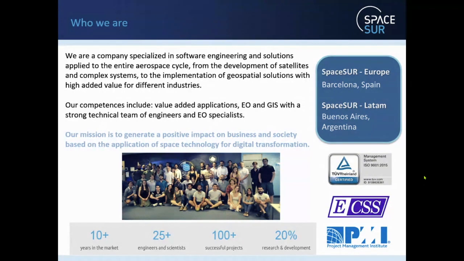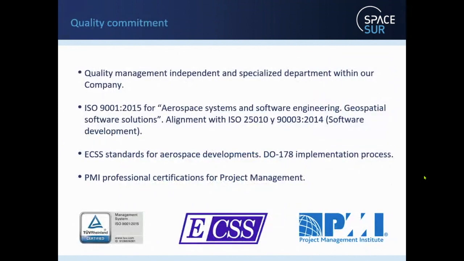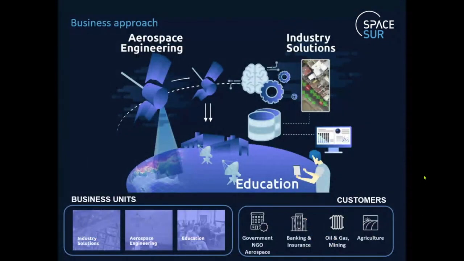We would like to construct a bridge of technology and operations from Europe to Latin America, and from Latin America to Europe too. We hold certified positions to develop all the solutions. This is our business approach.